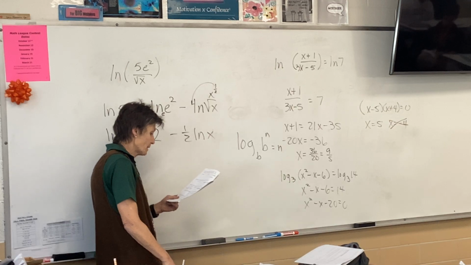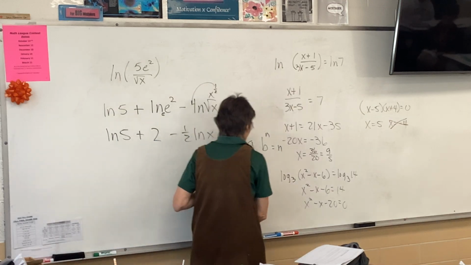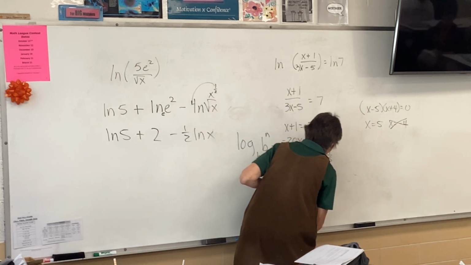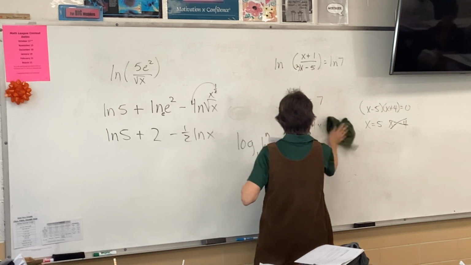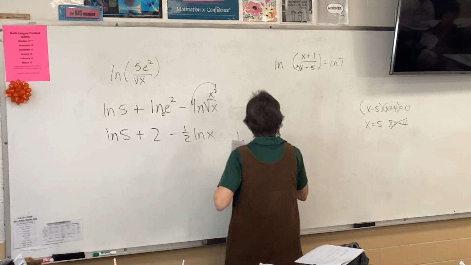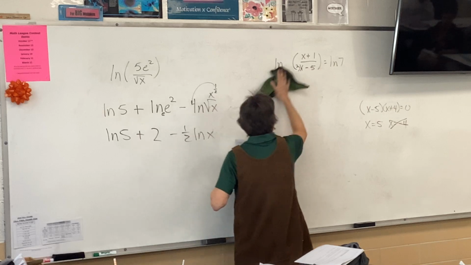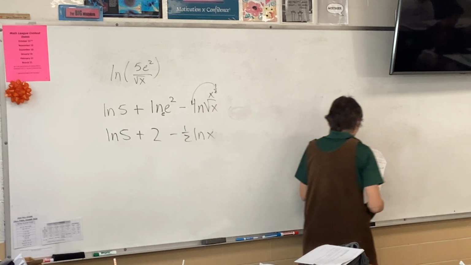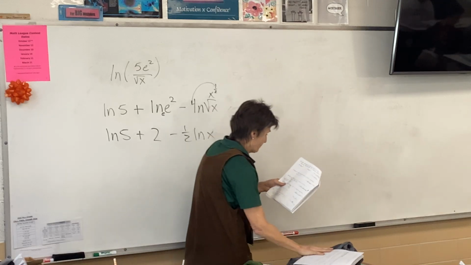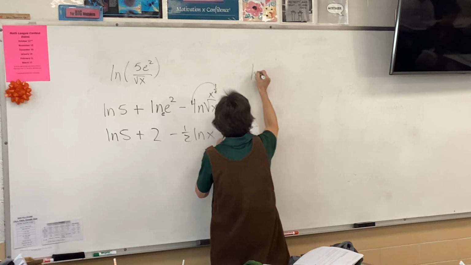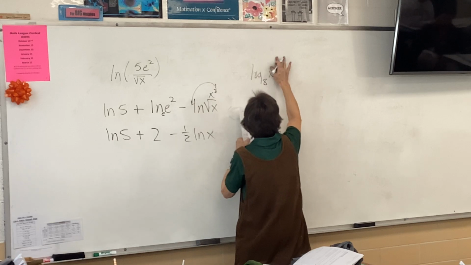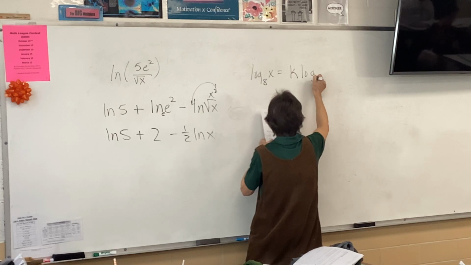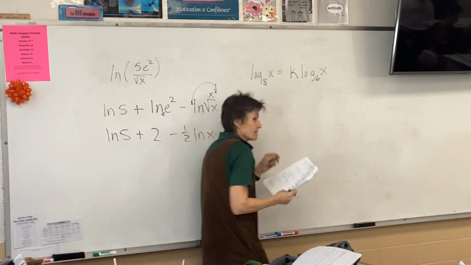So Alex, what was your question? 2.12, number 5. I wasn't here last week. So this looks like something we had in the notes. We're gonna write log base 8 of x as a vertical dilation of the log base 6 of x.